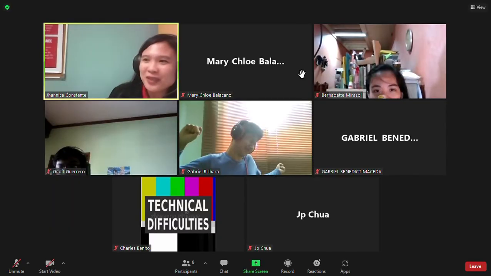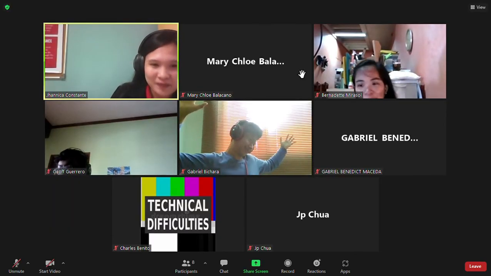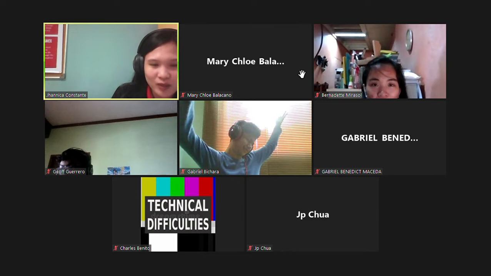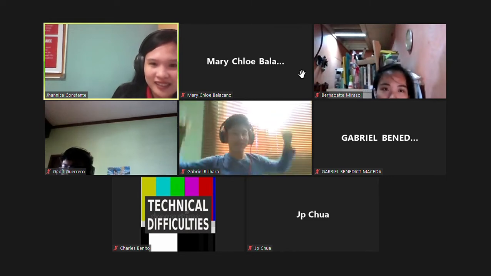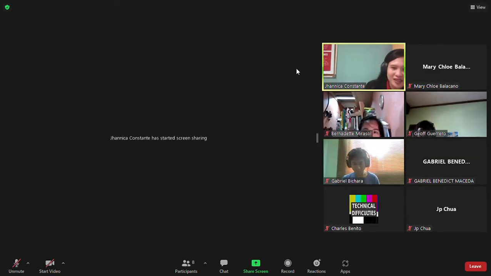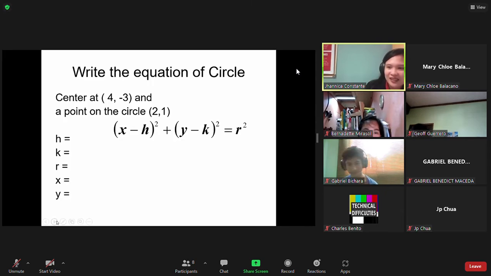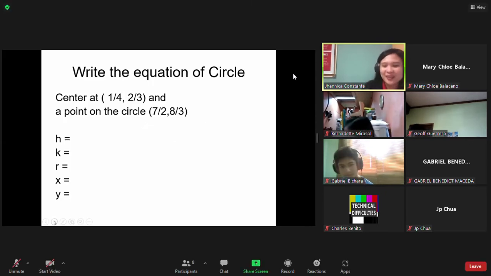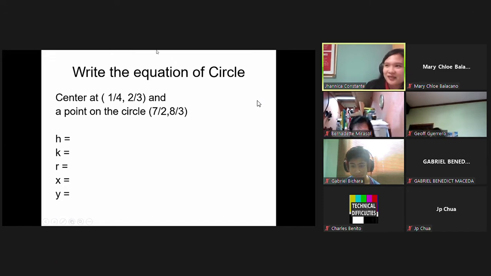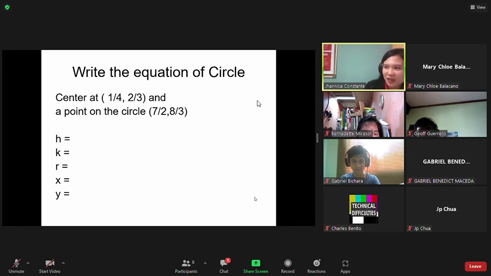For example, we have the center of our equation and a radius. Let's not go to the point yet; let's start with the radius so it's not difficult.